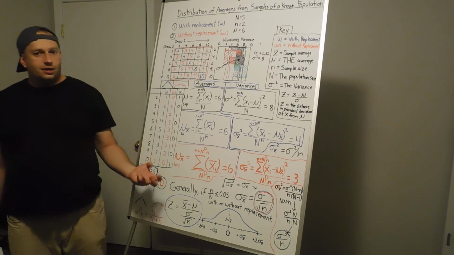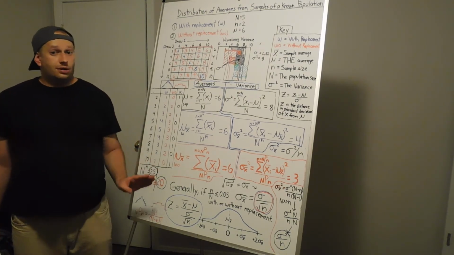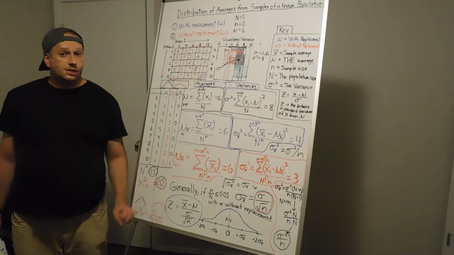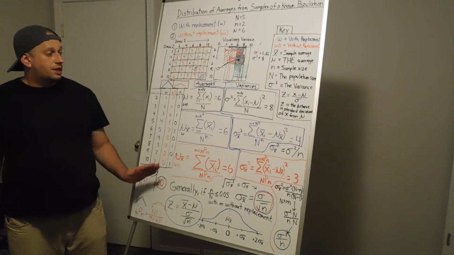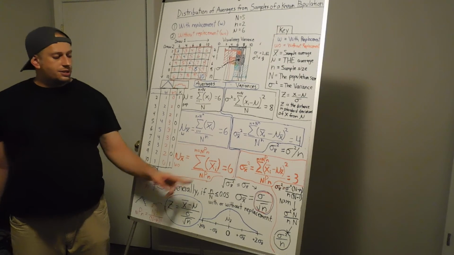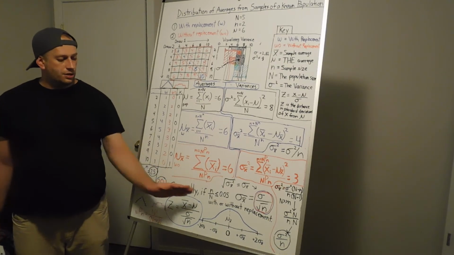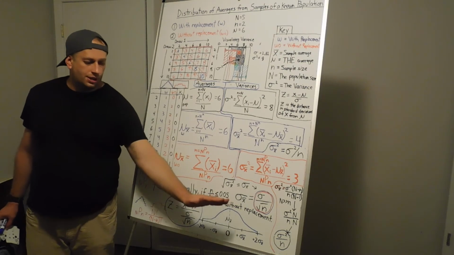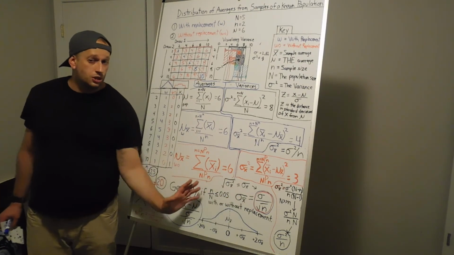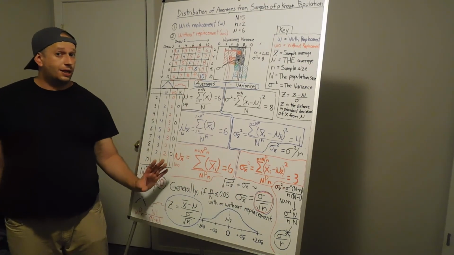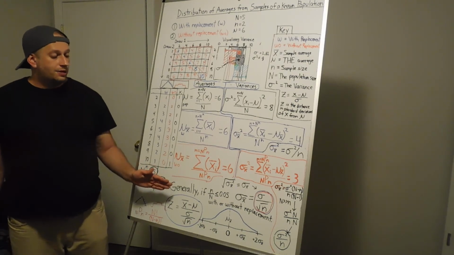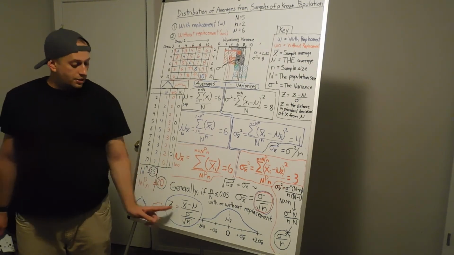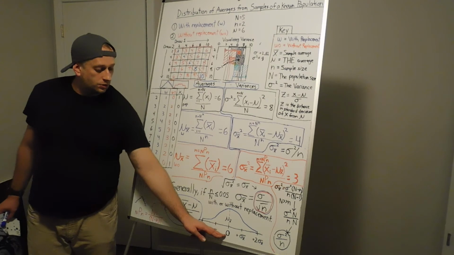And like I said, the central limit theorem in statistics says that as you increase the size of n, as long as lowercase n is much smaller than uppercase N, this value here is going to get closer and closer to 0.